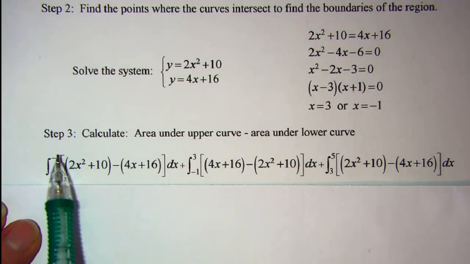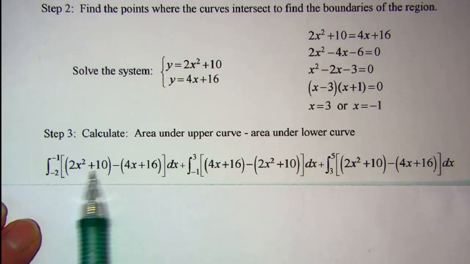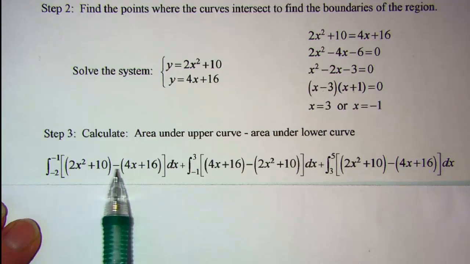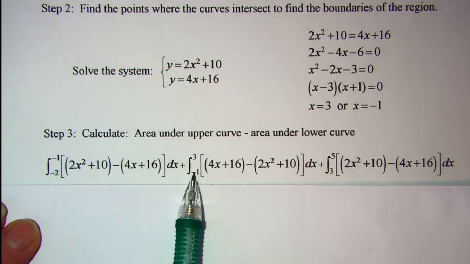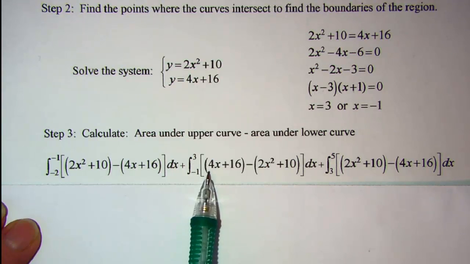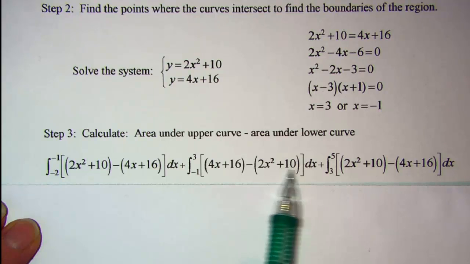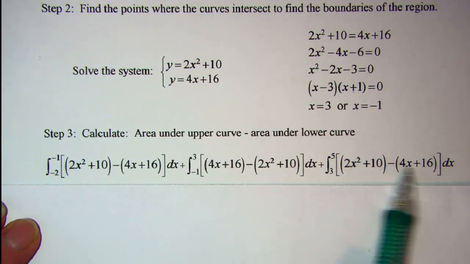From negative 2 to negative 1, the parabola was the upper curve. So we write that function, subtract the linear function. And then from negative 1 to 3, we have the line, subtract the parabola. And then from 3 to 5, we have the parabola, subtract the line.